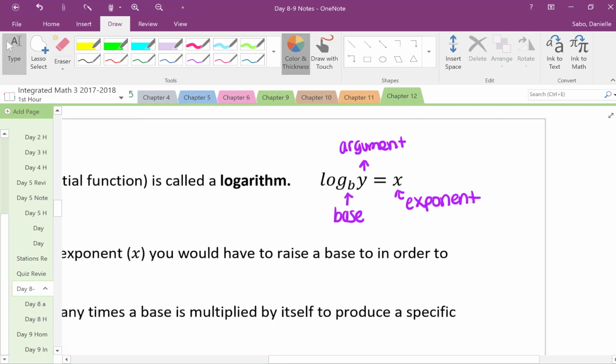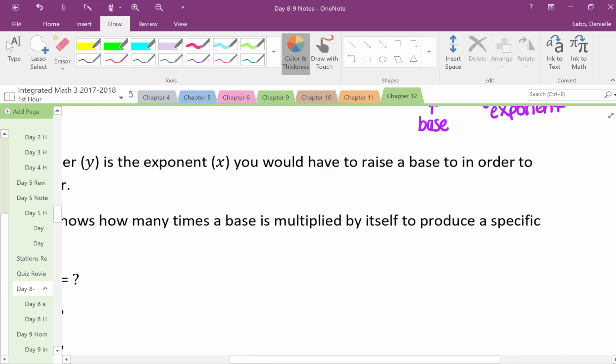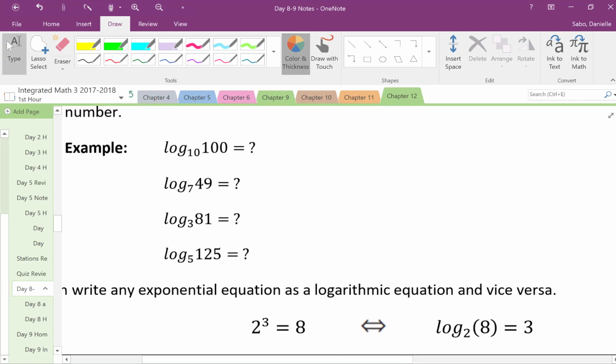All right, so let's do some examples here. Kind of give you a little bit of a tip here. Whenever you have a log, this base, you want to think to yourself, 10 to what power gets me 100?